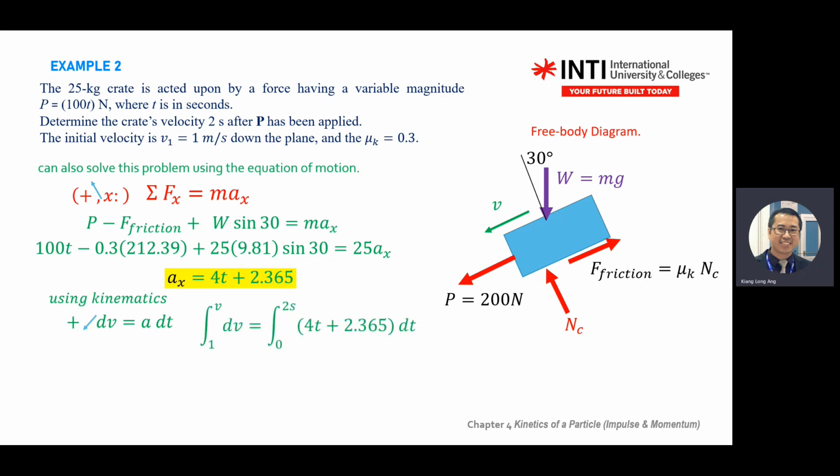You pull it out and integrate, because your a is in the equation. You integrate 0 to 2 seconds, and you get velocity 13.7. This is the chapter 1 equation: F equals ma plus the chapter 1 acceleration.